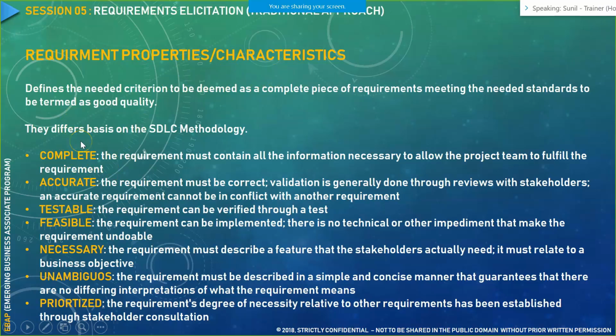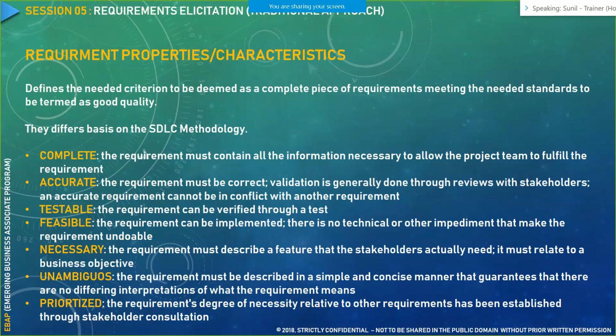There are certain characteristics or properties that you need to follow in a particular SDLC methodology when you are writing a requirement. Like the requirement has to be complete. You cannot write an incomplete requirement or any ambiguous requirement. Then the requirement has to be accurate, like what the requirement is generally, what value that requirement is delivering.